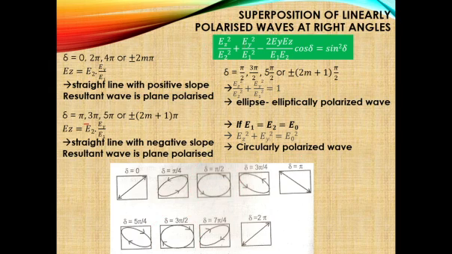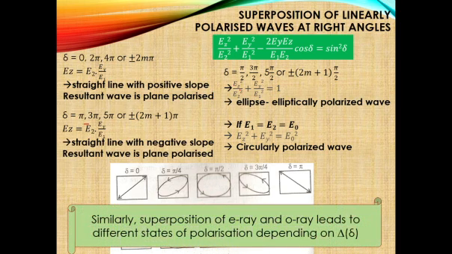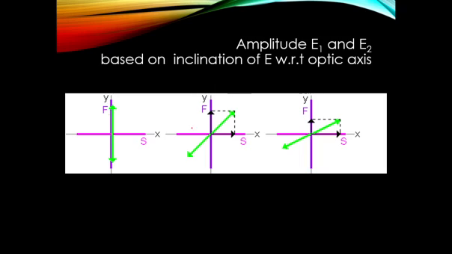We have mentioned that Ey and Ez are possible. If the light is incident parallel to the optic axis, then there is no inclination between the optic axis and the plane of polarization of the incident wave, and it will move as such without any splitting.